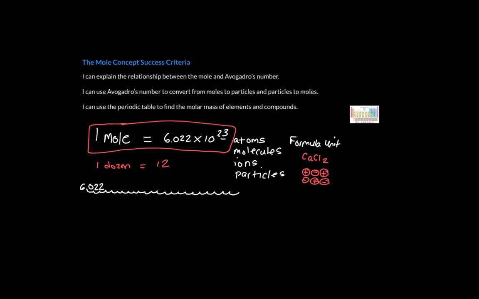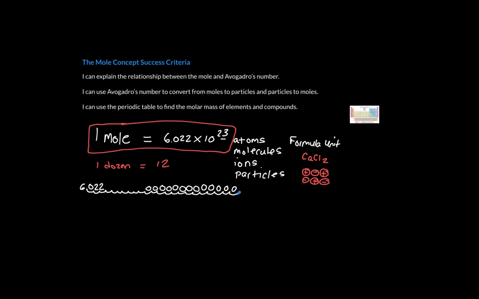And then our decimal is now in this position. And then in each one of these spots is zeros. I know this is a little tedious, but I just want you to get an understanding of how big the mole is.